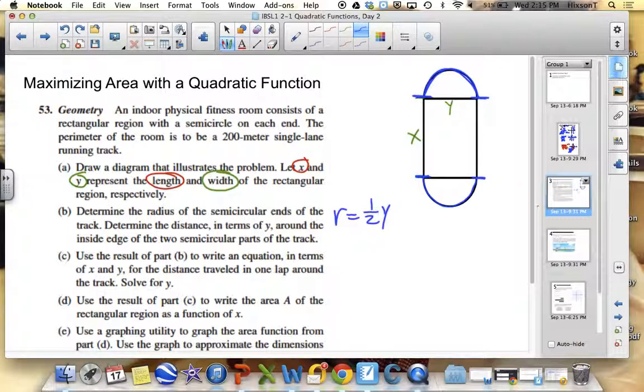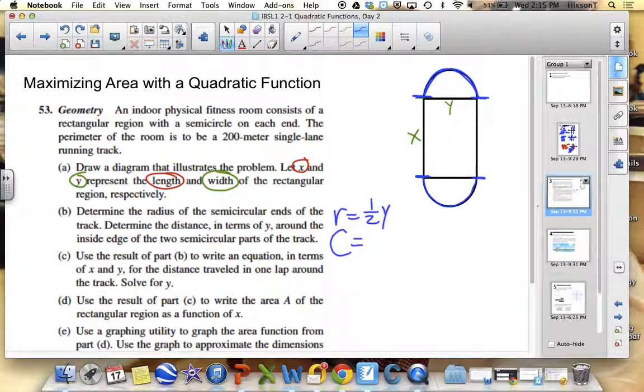Let's work it out. What are we really finding here? Not area yet. Distance around would be circumference. And notice we have two semicircles, that makes one whole circle. So circumference equals, what's our formula?